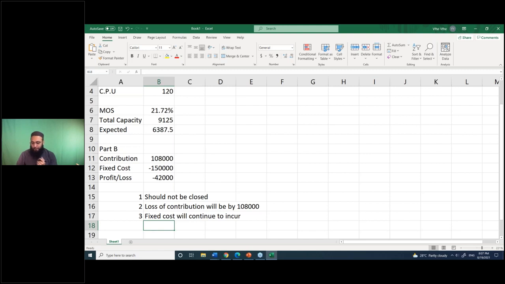And if you close, remember, this means the contribution that you are earning will be gone. And you will be in a further loss of 108,000. If you are leaving the contribution of 108,000, obviously the fixed cost will remain the same. So this means that you will incur a loss by the amount of the contribution you will lose.